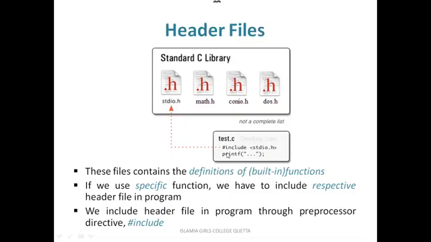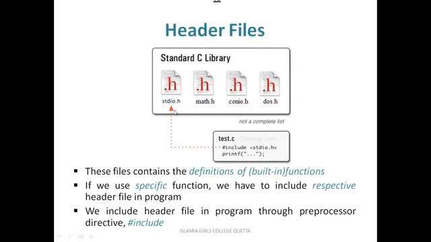This means that we have to include the stdio.h using the preprocessor directive, which we have studied in the previous lecture, #include. So we will write down #include stdio.h and then we will use the function printf.